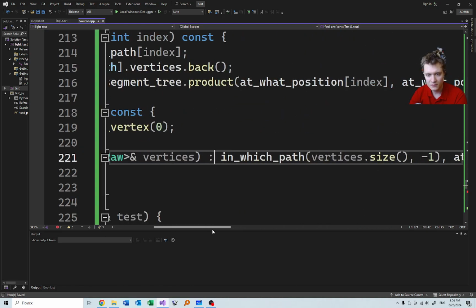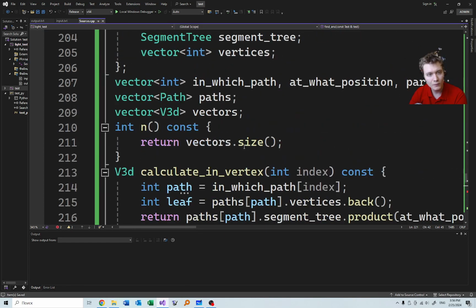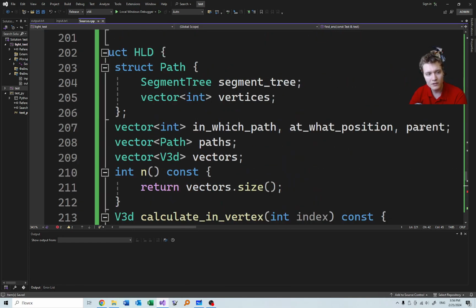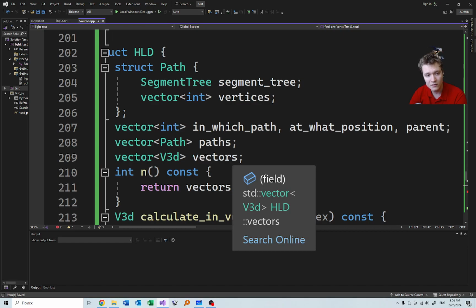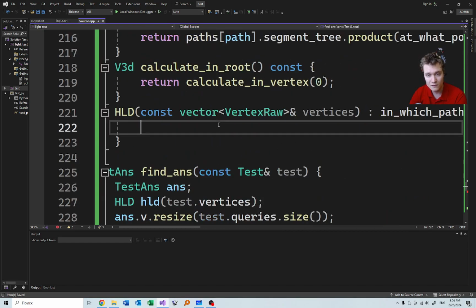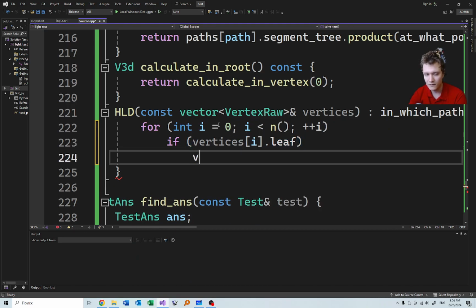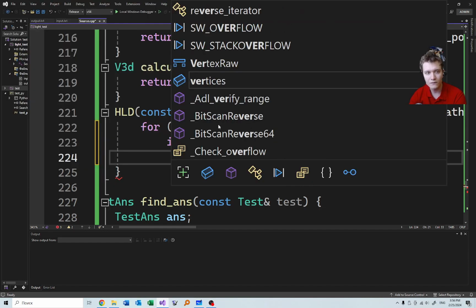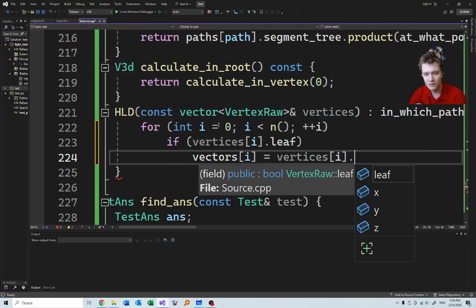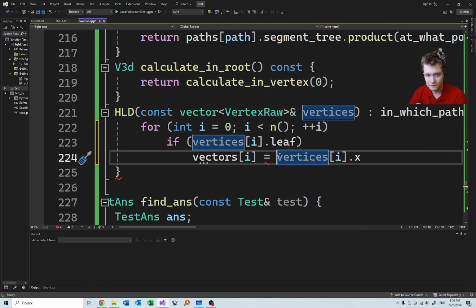So we've done it. Now let's do the easier ones. Vectors is quite easy. Let's go through all vertices. If vertices i dot leaf, then we know that vectors i is simply vertices i dot xyz.